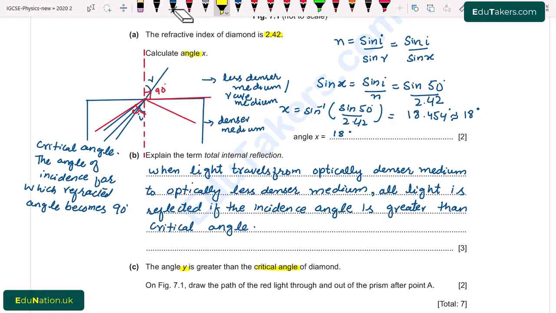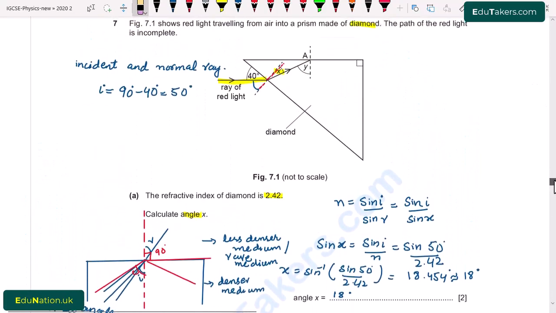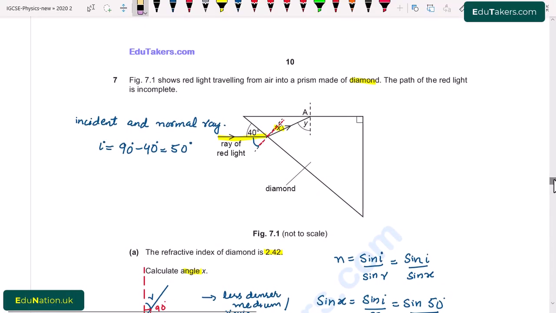It means that when the angle is greater than critical angle, there will be total internal reflection. On figure 7.1, draw the path of red light through and out of the prism after point A. Here we have to draw the path of red light, and we have to remember that the y angle is greater than the critical angle of diamond.